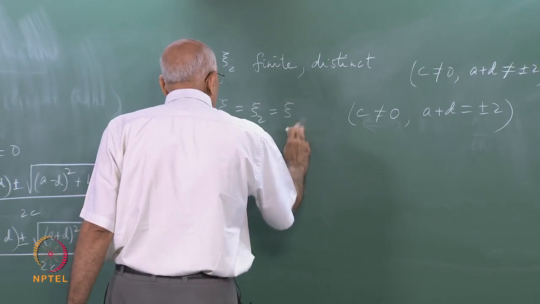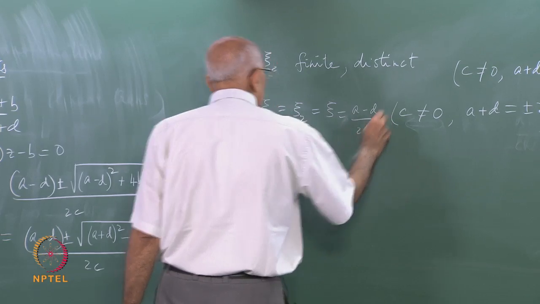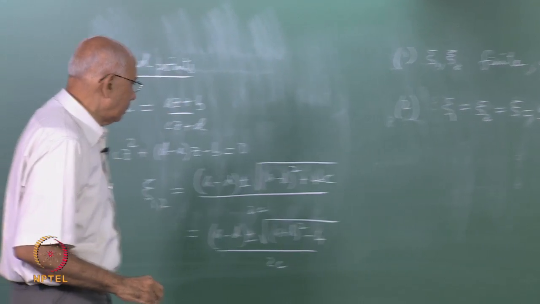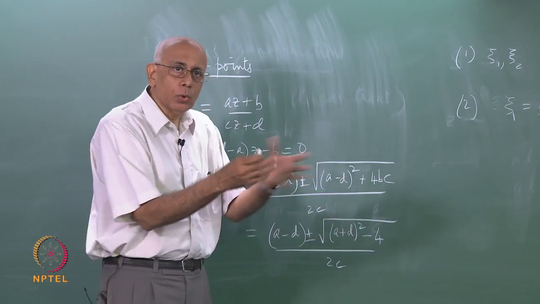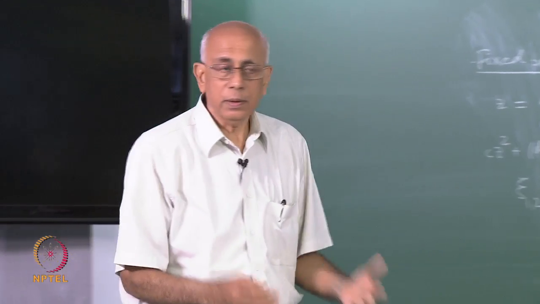And this incidentally is equal to A minus D over 2C. So when this thing vanishes, the two roots coincide and they are at the same point, and there is only one fixed point here and it is finite since C is not 0.